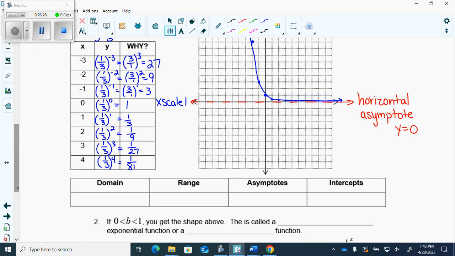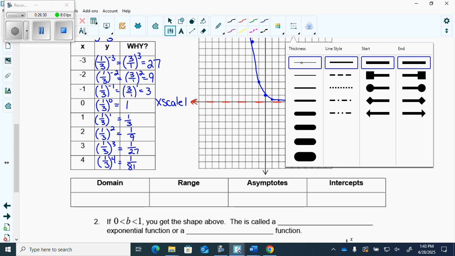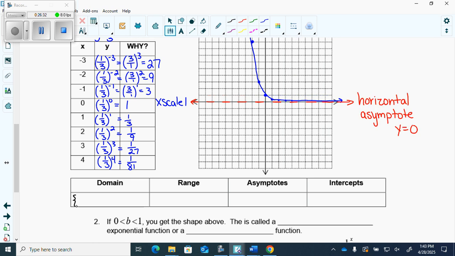My domain is still x is an element of the real numbers. Still goes on forever out to the right and the left. The range is still greater than 0. The asymptote is still y equals 0.